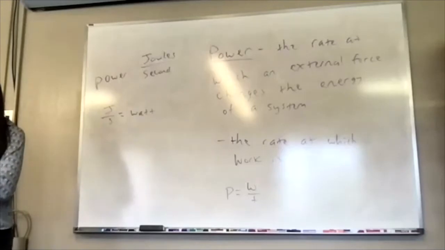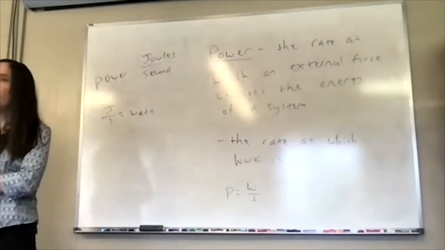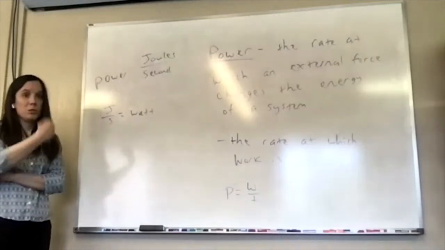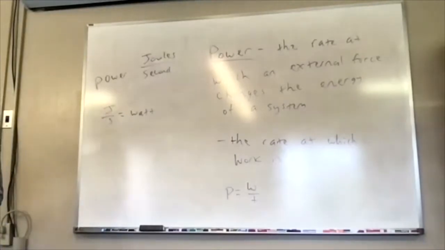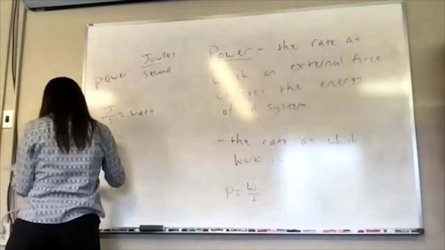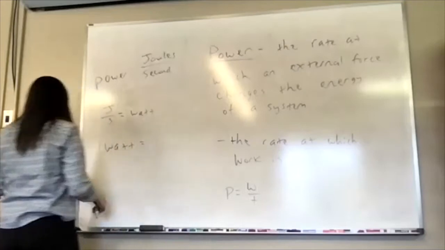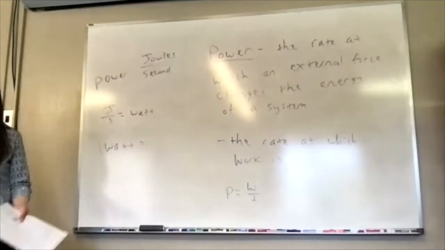Okay, so if you see watts, that's what a watt represents: joules per second, 1 joule per 1 second. 1 watt of power is equal to lifting an apple up 1 meter in 1 second, because an apple is about a newton of weight.